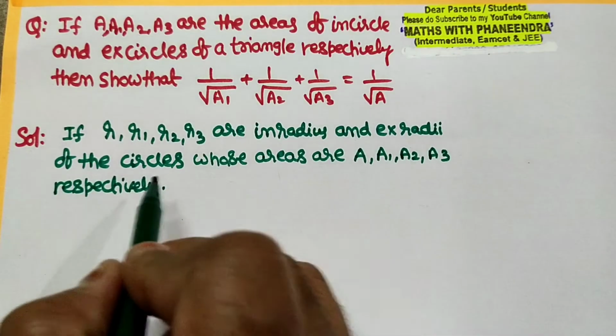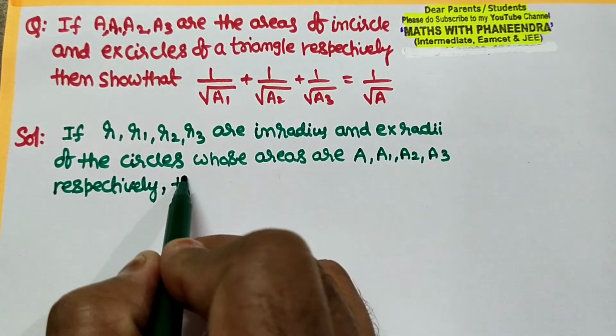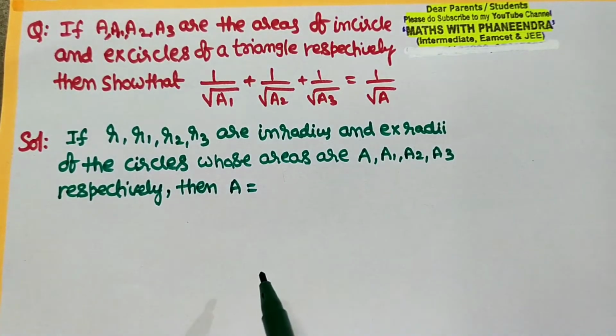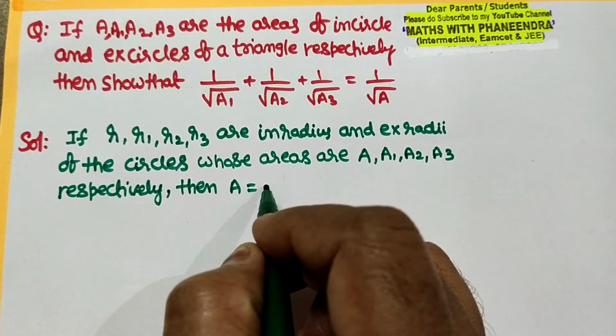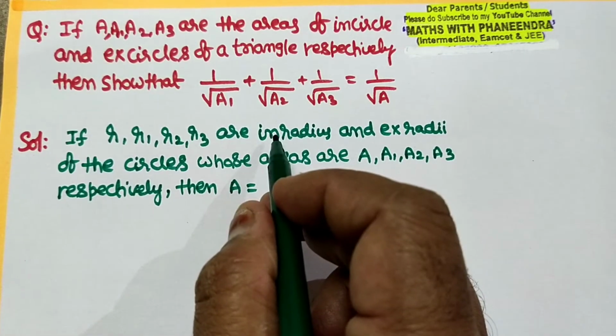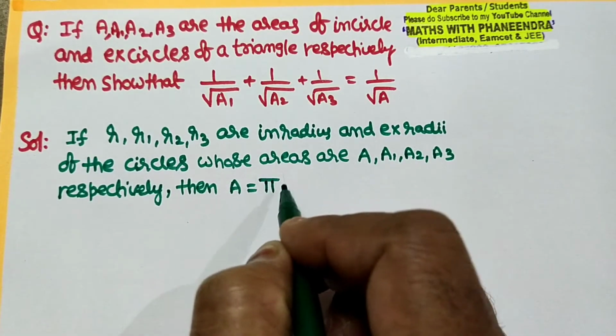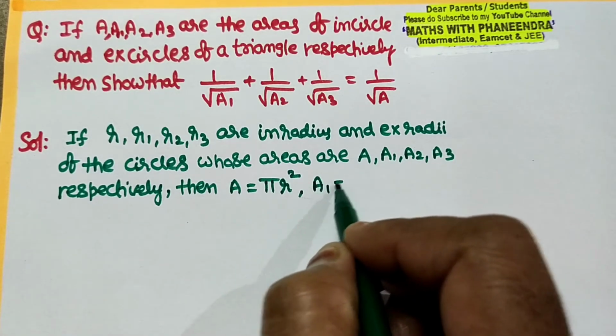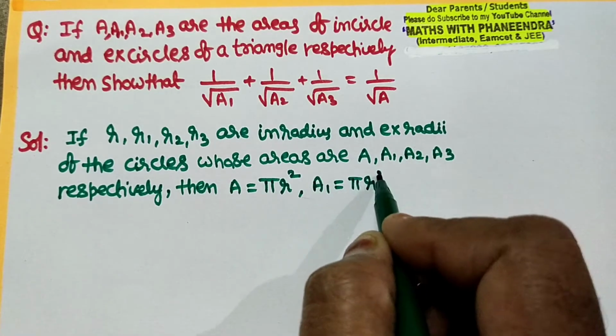After that, one area you can write. Then A equals the area of the circle, and area of a circle means pi r square. So A is related to the incircle, so pi r square. Similarly, A1 equals pi r1 square.